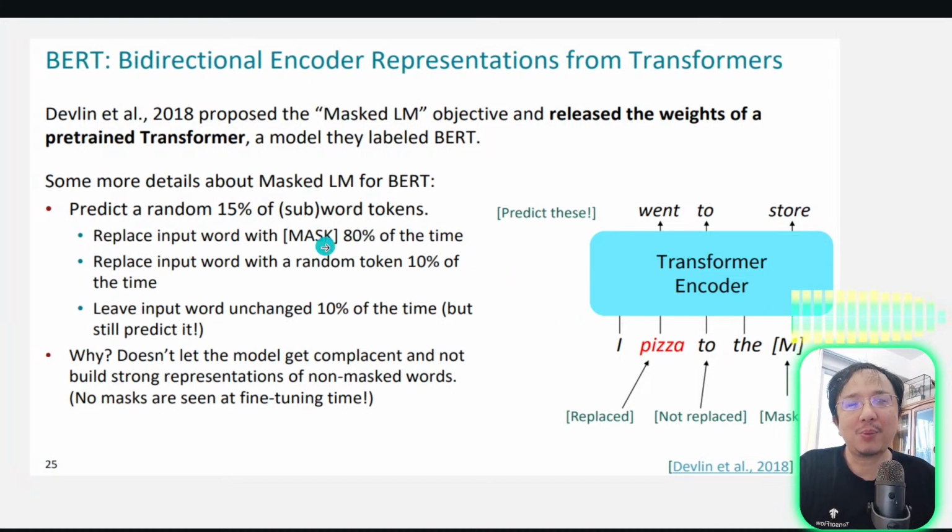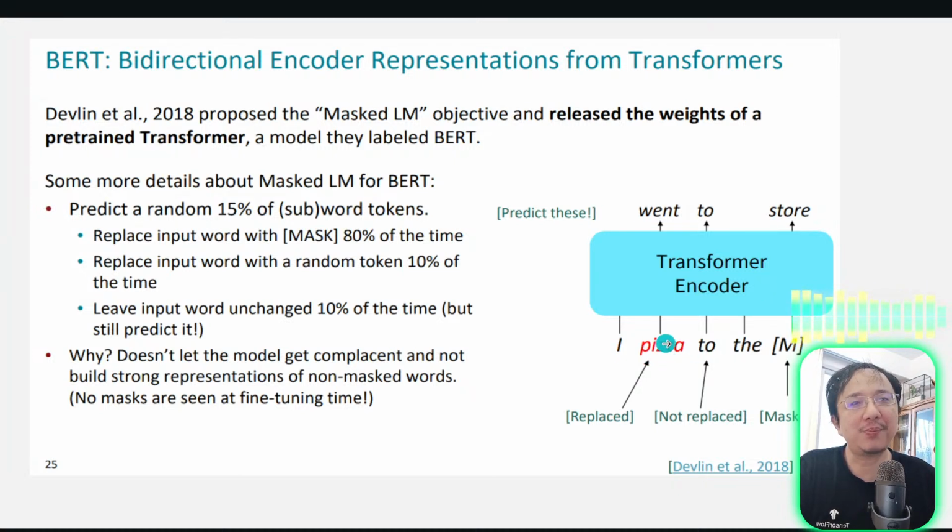So after it gives you a sentence, roughly 15% of the tokens, it asks you to guess what they are. Within those 15% of tokens, 80% of the time they are masked, so you don't know what it is, and 10% of the words are randomly replaced by different tokens, and the other 10% are unchanged. So even if it is unchanged, you don't know which one is unchanged.